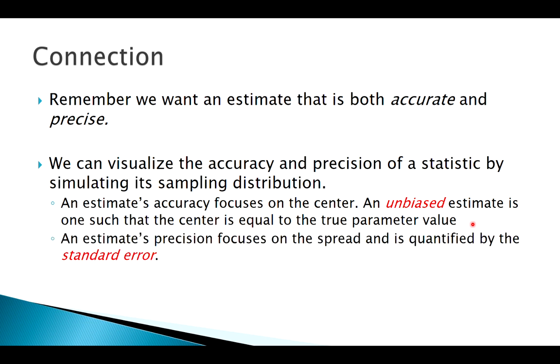Unbiased is a good thing. When we're thinking about the precision of an estimate, the repeatability of an estimate, we can visualize that as the spread of a sampling distribution. We can quantify it as the statistic's standard error. We'll see how we find the standard error in a little bit.